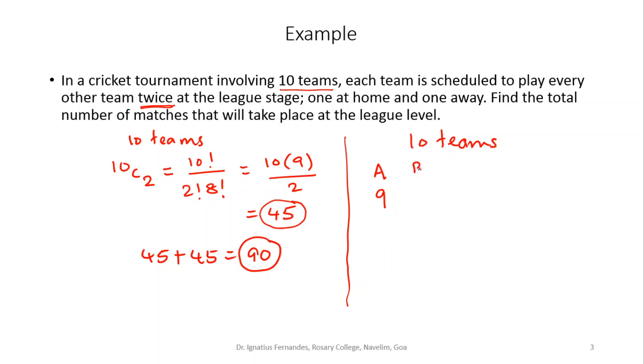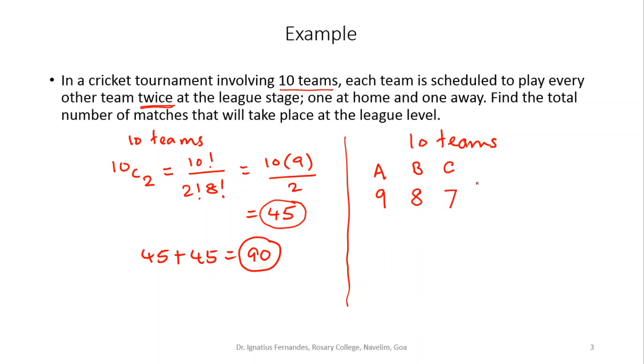When you go to any other team, B, this B will also play 9 matches, but that includes the match it has played with A. So besides that, B will play 8 matches, excluding the one it has played with A. If you go to the next team C, this C will also play 9 matches, but it will play a match with A and B. So taking out those, this C will play 7 distinct matches.